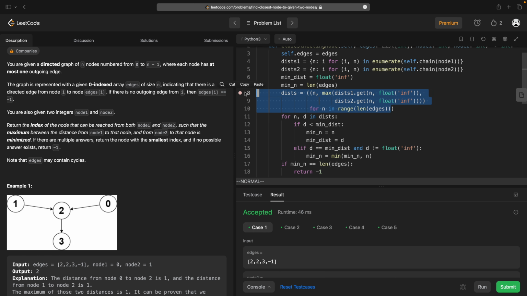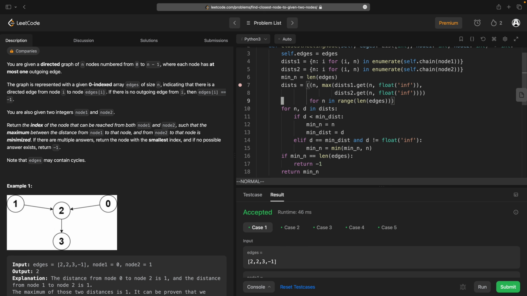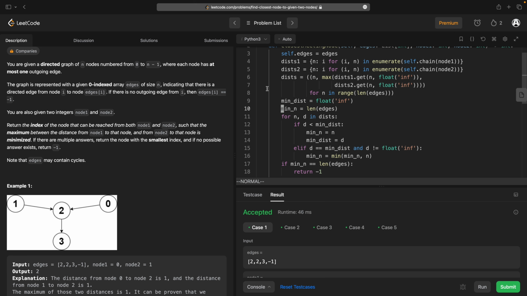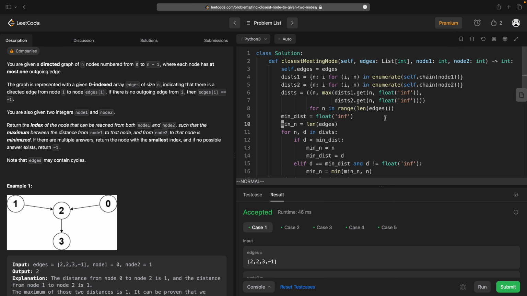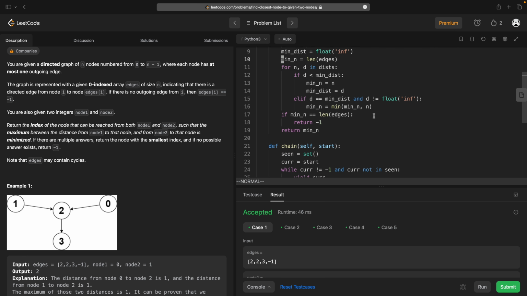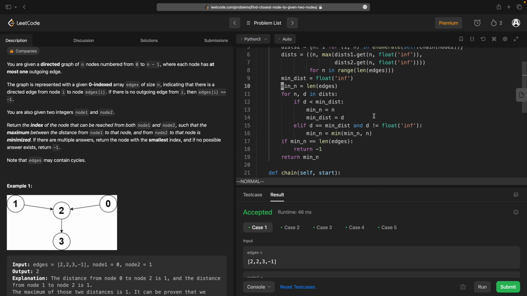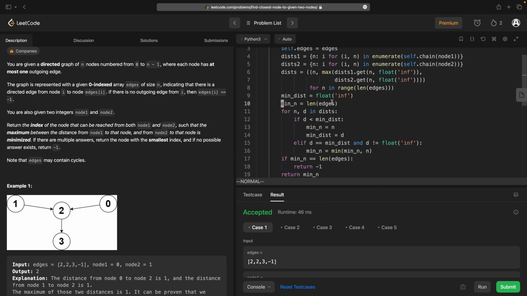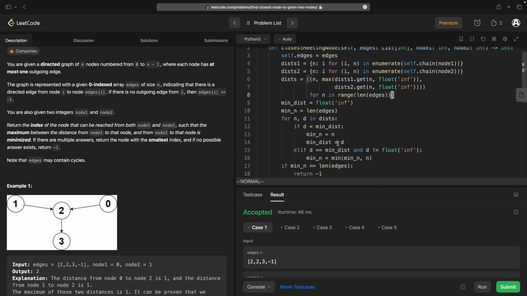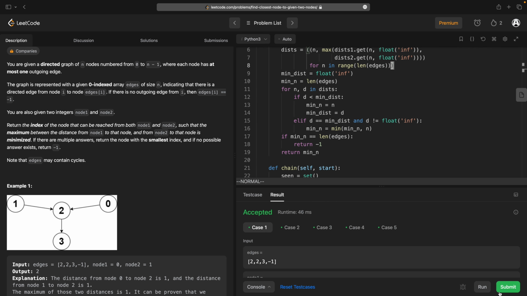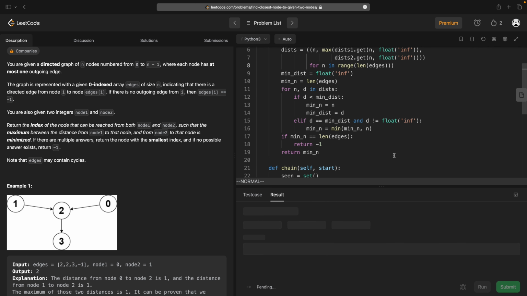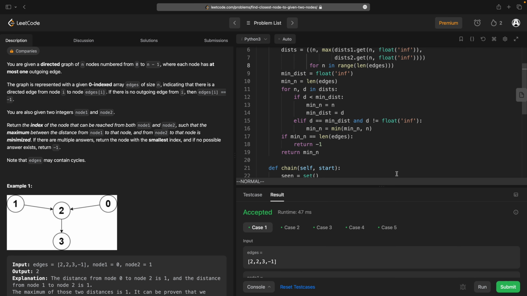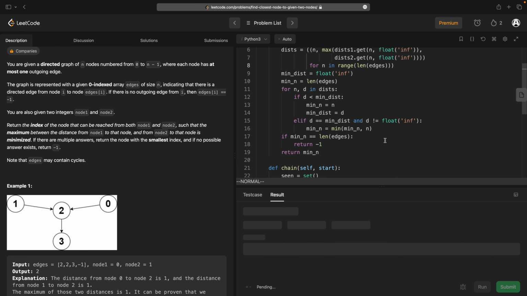I think, in fact, let's put that there and that there. I think that's nicer. Min dist, min n, that's good. For n, d in distances, d, yep. Excellent. One last test, because I've just moved some things around. Shouldn't have broken anything. Very good. Let's submit again.